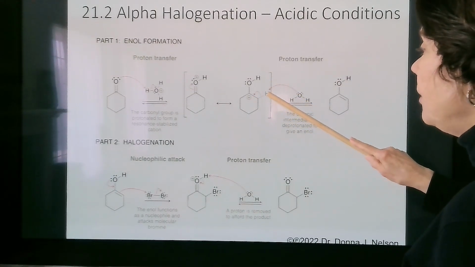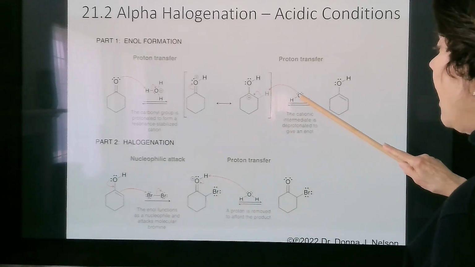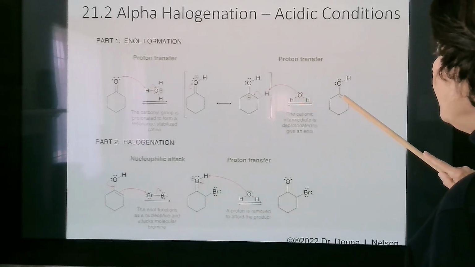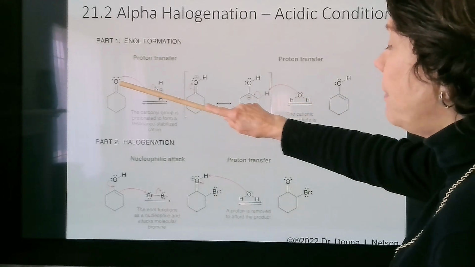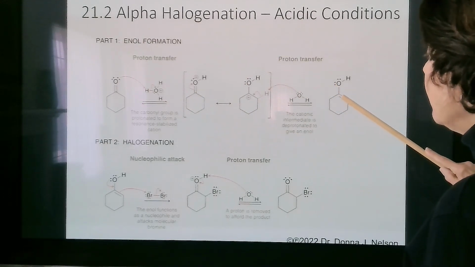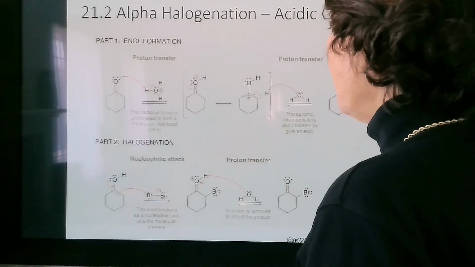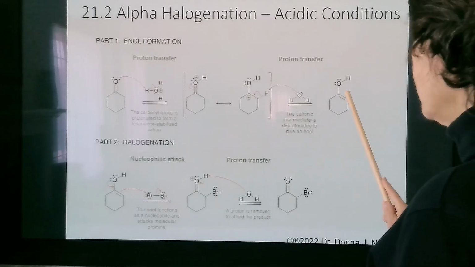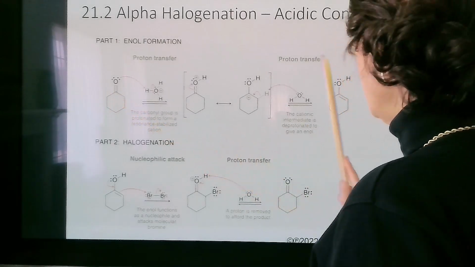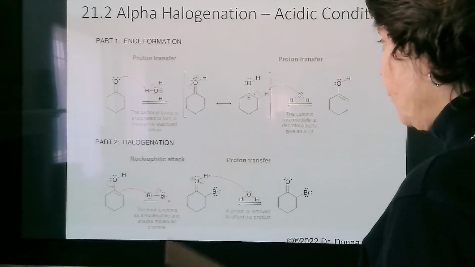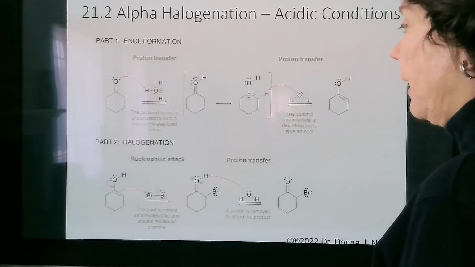Here you deprotonate to regenerate the hydronium ion, and now the double bond has migrated down here. Remember, these are two different tautomers, not resonance structures, the keto and enol form. So there's the proton transfer mechanism.